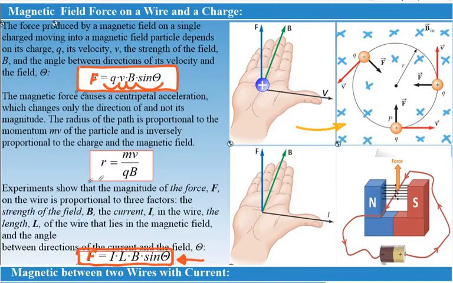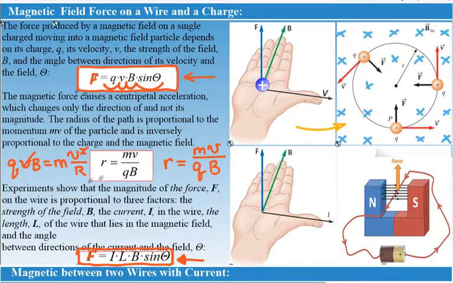If you set up qvB, and the 90-degree angle takes away the sine, since sine of 90 equals 1, is equal to mv squared over r, the centripetal force, then one of the v's is going to be cancelled, and what you have here is the solution. The r, the radius of that motion, will depend on the mass of the charge, the velocity of the charge, the charge itself, and the strength of the magnetic field.